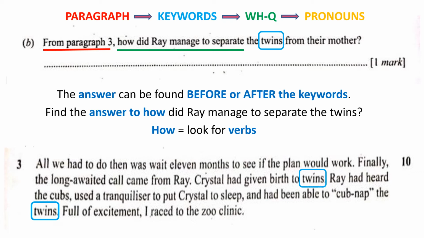Ray had heard the cubs, used a tranquilizer to put Crystal to sleep and had been able to catnap the twins. So that is the answer: to use a tranquilizer to put Crystal to sleep. Crystal is the mother, right?